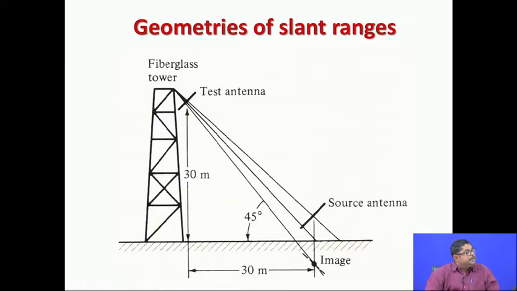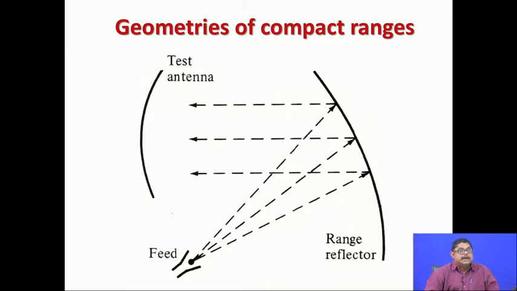Then people have come up, as I said, with the compact range. In a compact range, the feed is put to a range reflector, an offset reflector. This is a very high quality, high precision reflector with a very small RMS error, as we will see when we discuss the paraboloid. After reflection, it becomes a plane wave.